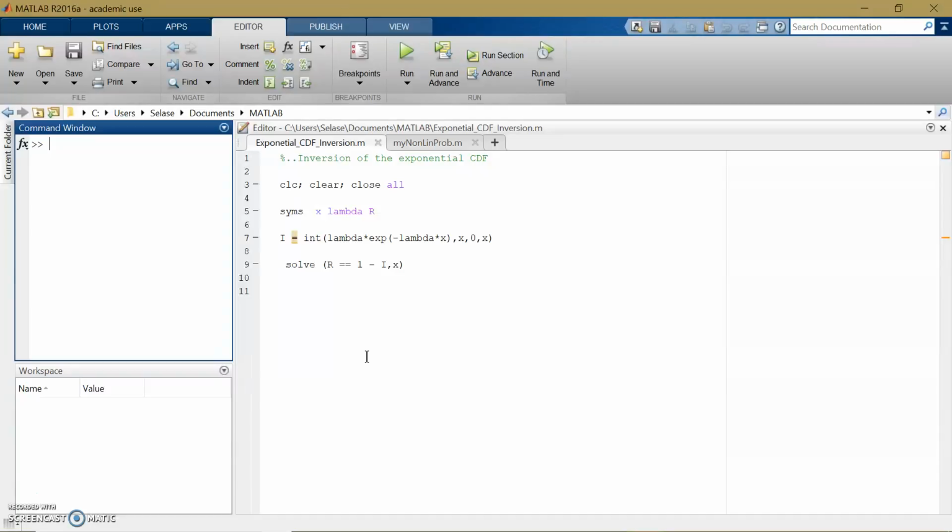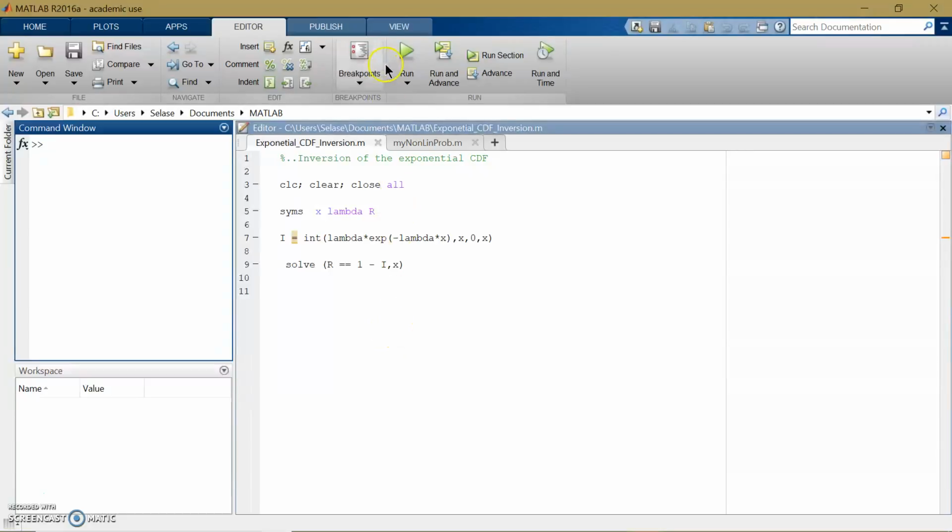Once we find out what I is, we're going to solve for r, using the I that we found and subtracting that from 1. So basically we're going to solve for r = 1 minus I of x. I'm going to go ahead and run this. We expect to get our I, and then we expect to get our inversion.